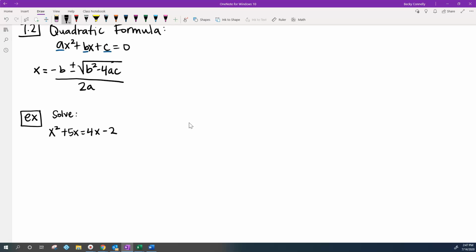Okay, so this is where it starts. We need to get it so that everything's over on one side and the other side is equal to 0, so we can figure out what our A, B, and C are on this.